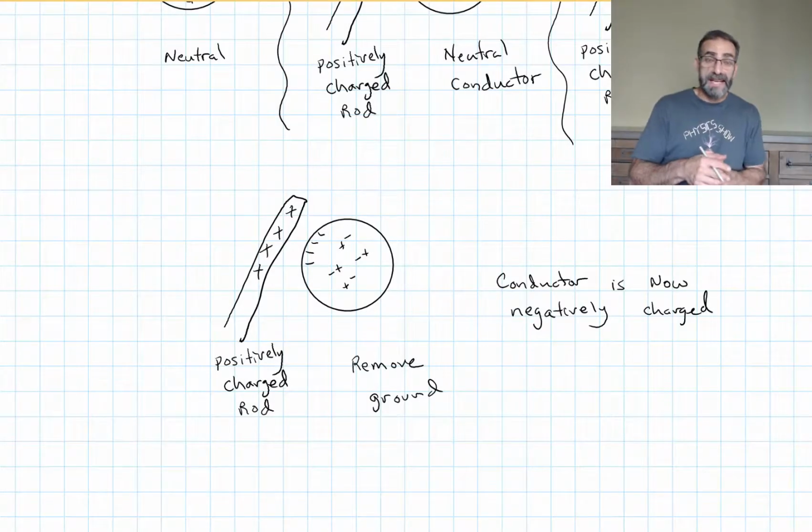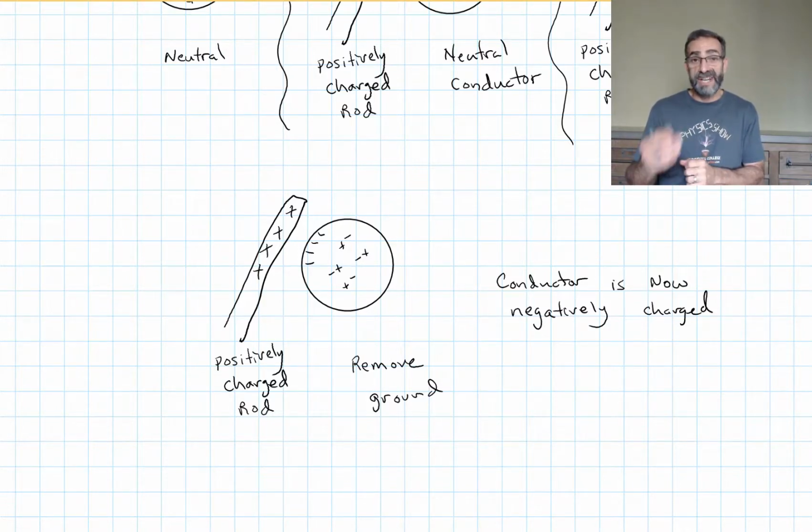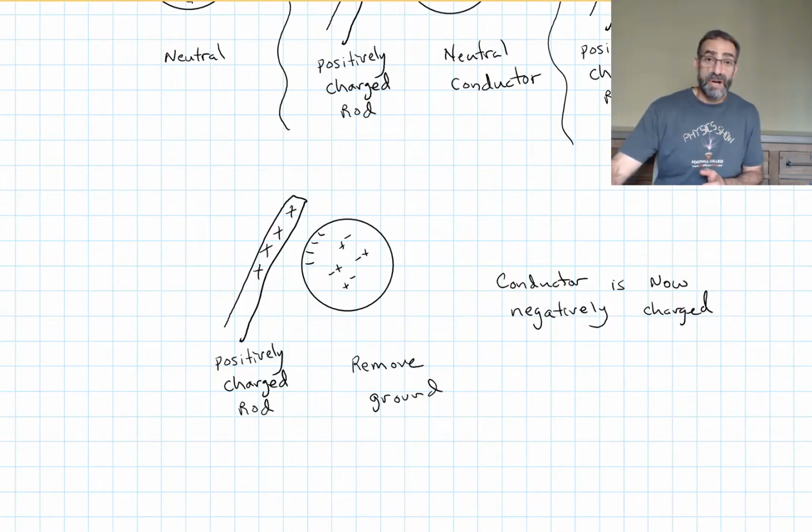Last class we saw that we could get charged objects by rubbing dissimilar materials together and get transfer of electrons. And now we're seeing another method, where we can ground a conductor while there's a charge present, and that gets excess charges to enter or leave the conductor. Remember that in order for charge to transfer, as far as we're concerned in this class, the objects have to have physical contact.